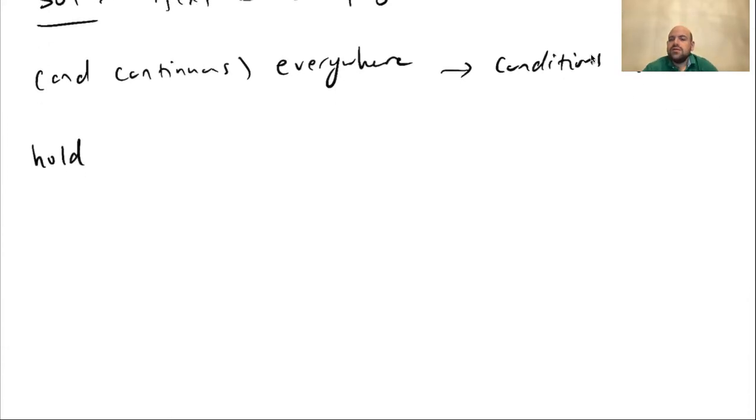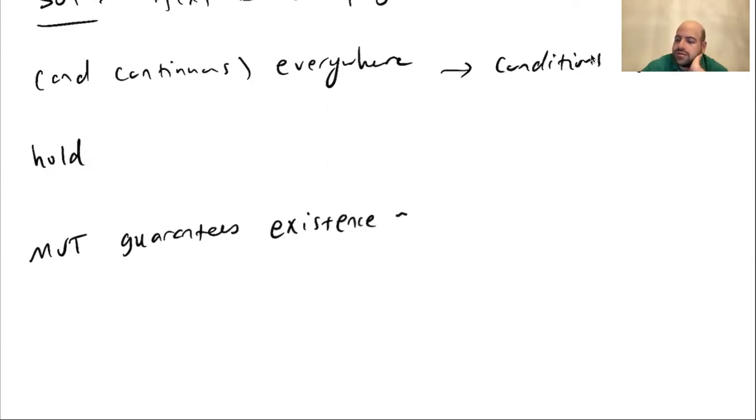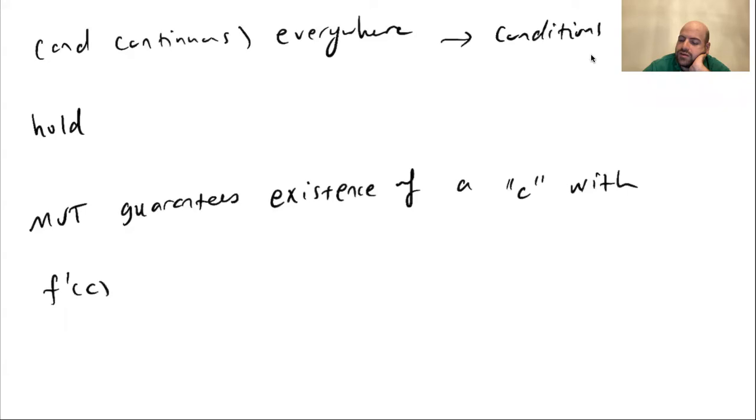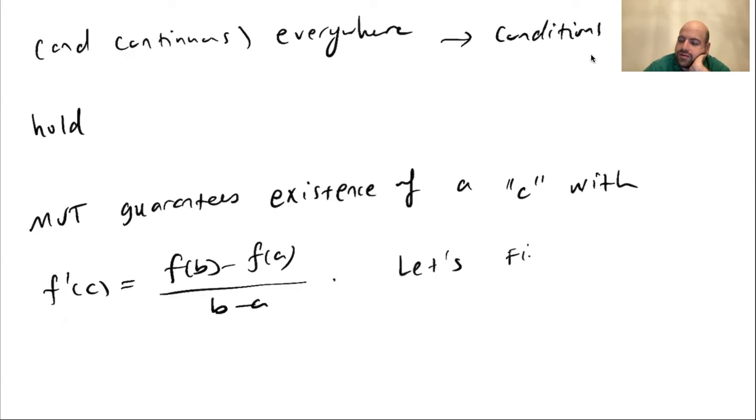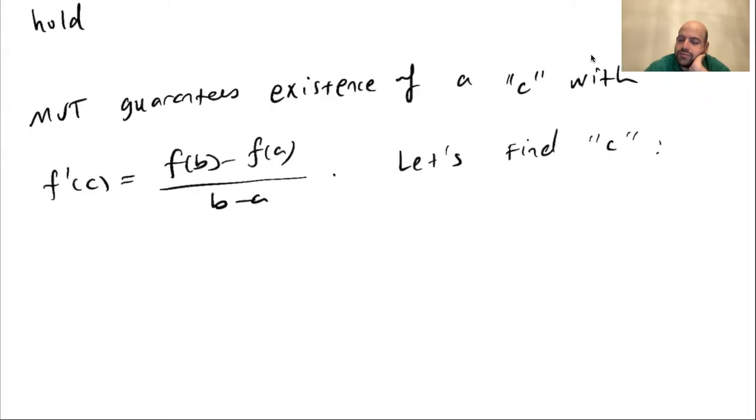Therefore, MVT implies or guarantees the existence of a c value with f prime of c equals f of b minus f of a over b minus a. So MVT guarantees existence of such a c value. Now we want to find this c value.